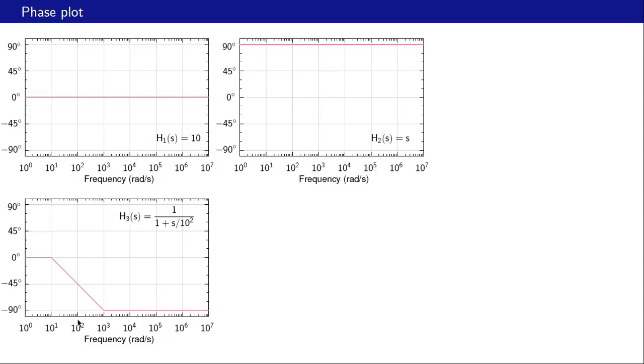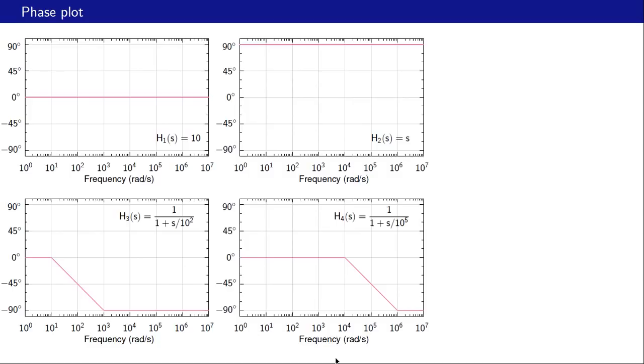Then we go 1 decade higher than the pole, that is 10 raised to 3, that brings us here, and then we draw a horizontal straight line at minus 90 degrees, and then we just join these two. That is how we get the phase of H3 as a function of frequency.